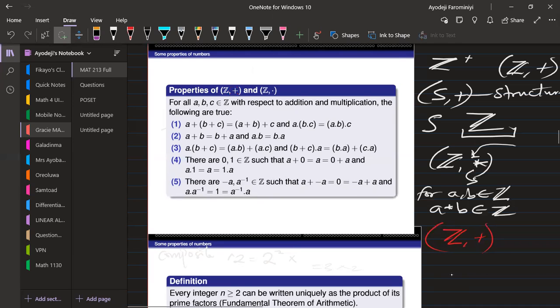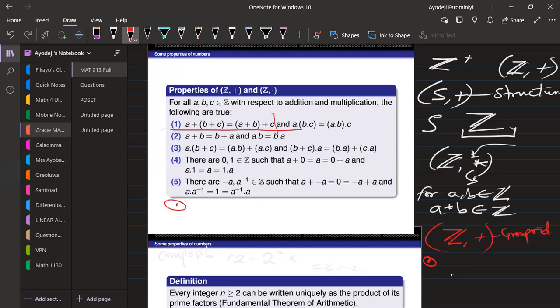So in addition to being closed, the fact that it is closed, I can just call it a groupoid. Then in addition to that, if it now satisfies property one, that is actually associativity.